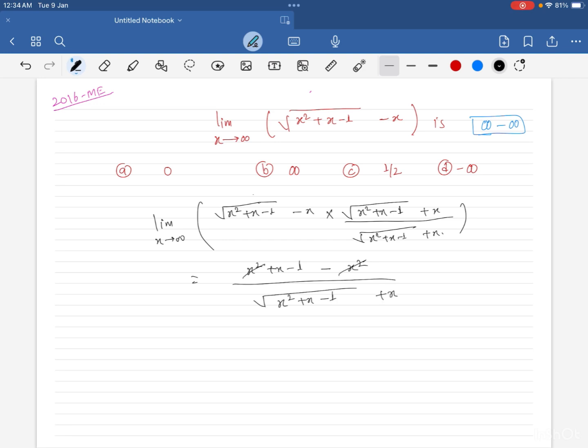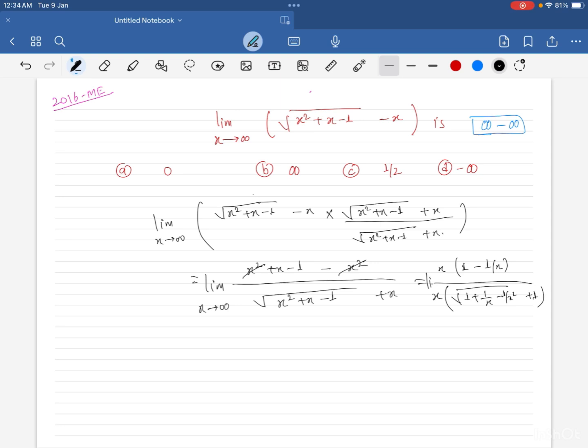This will get cancelled, and the limit x tends to infinity is there. Now you can take x common. That will be 1 minus 1 divided by x, and in the denominator you can also take x common. Then here we will have root over of 1 plus 1 divided by x minus 1 divided by x square, plus 1.